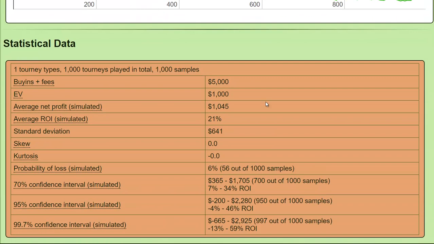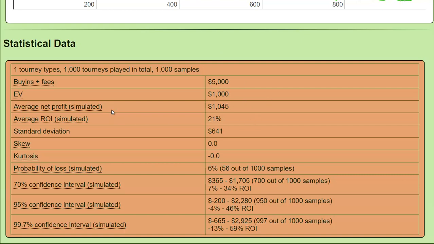And then you have statistical data at the bottom, which depending on your knowledge of statistics, you can look at or not worry about as much. But if we're playing 1,000 tournaments with a $5 buy-in and a 20% ROI, then what that means is that we're going to win $1 per game on average. So $1,000 is our expected value.